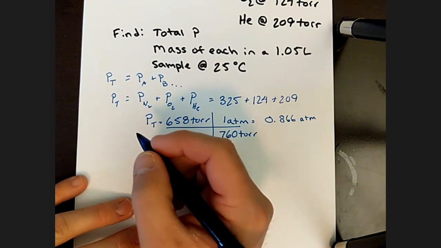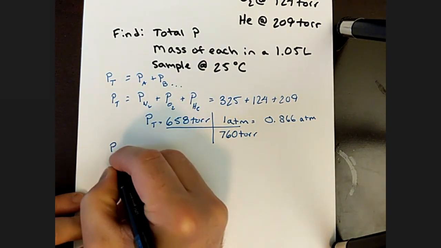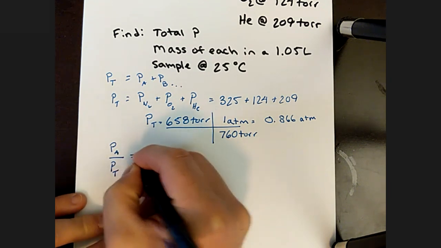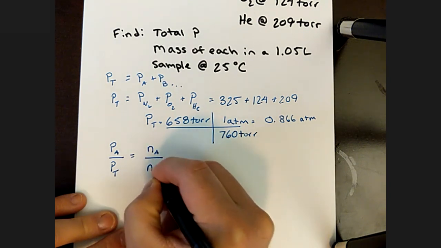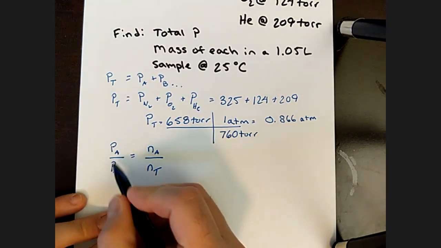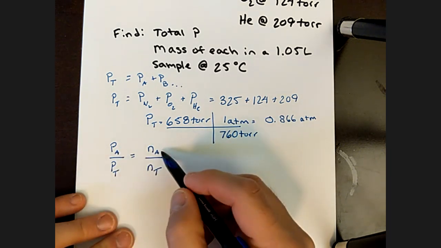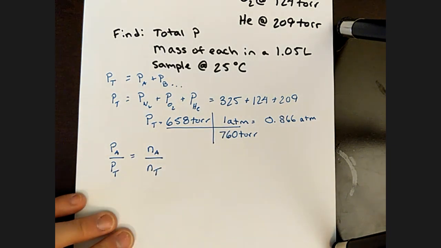There's a whole bunch of these derivations that are usually given in gas law chapters, but you usually have these relationships where the total pressure and the partial pressure of a gas are related to the number of moles and the total moles in the system, which should be somewhat intuitive.